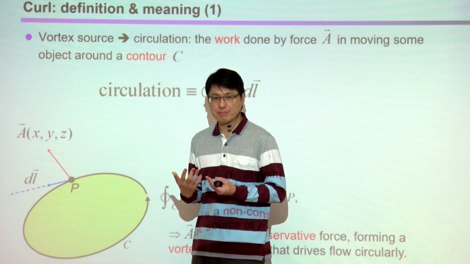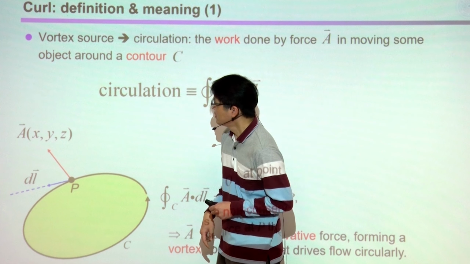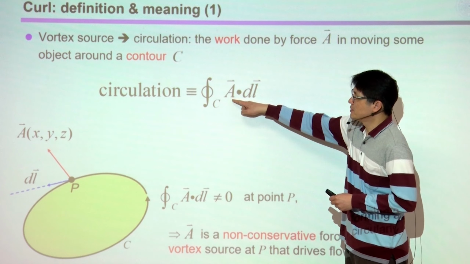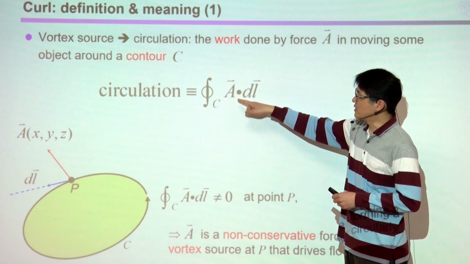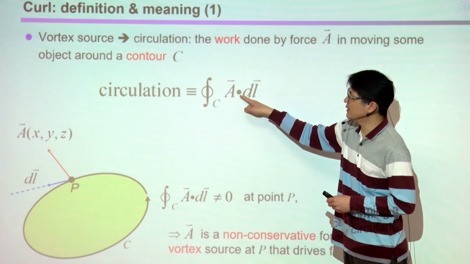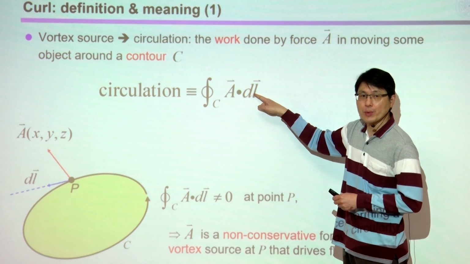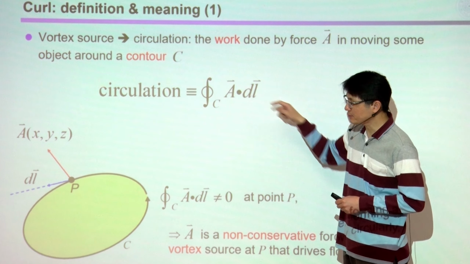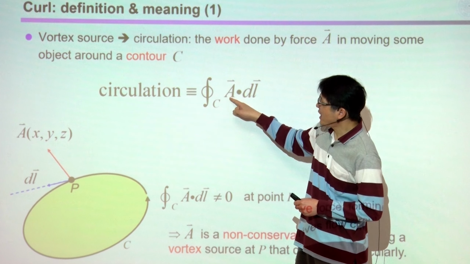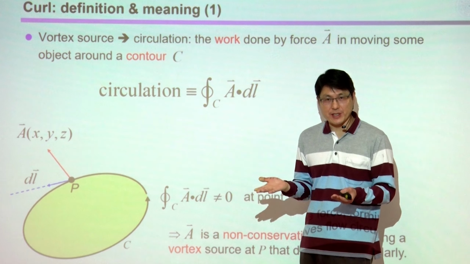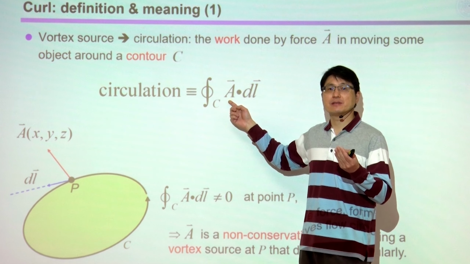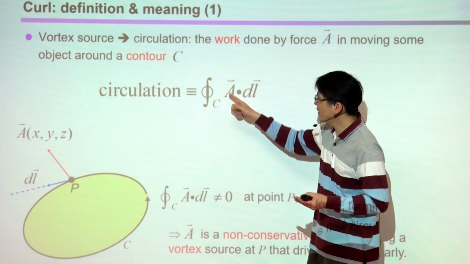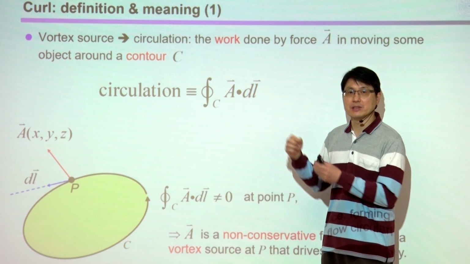Doing work on me. So the proper mathematical formulation is the vector field making an inner dot product with my differential length. So imagine this A is force. This is something you learned in high school, right? F dot dl is work.